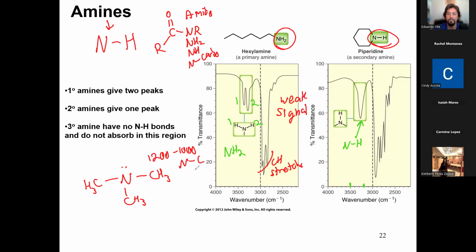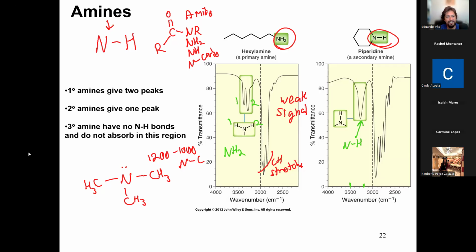Everything is a process of elimination. So tertiary amines should not have signals here at all. If you see these signals, they can only be NH. They can only be amines. So any questions about amines? How to spot them?